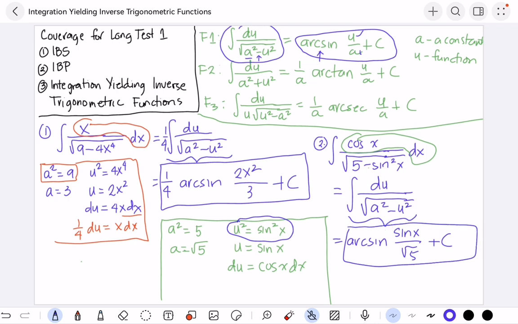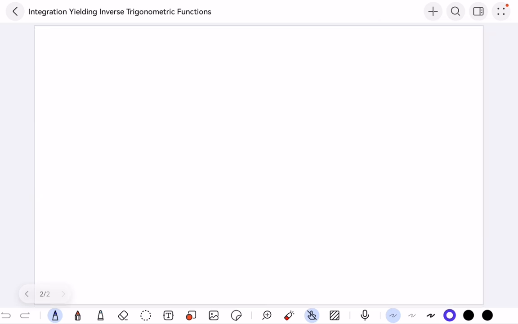Okay, let's look at another example. Example number 3. We have here 3 dx over 4x square minus, sorry, this is plus 18.